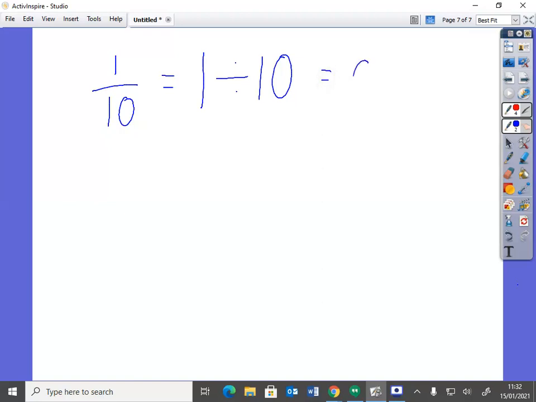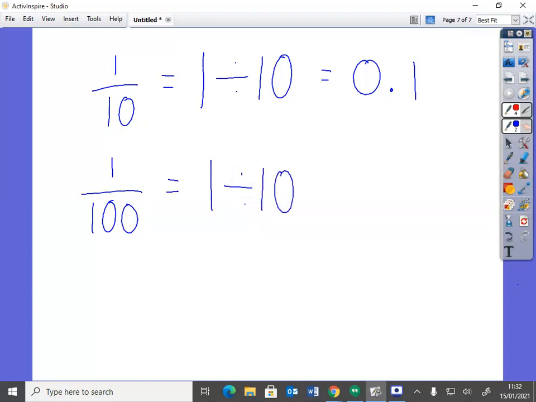And we write that as a decimal as 0.1. A hundredth is 1 divided into 100 equal parts. So each of those parts is much smaller. And we call that number as a decimal 0.01. You can see the 1 has moved over 1 place value into the hundredth column.